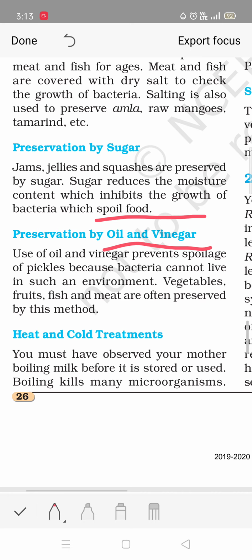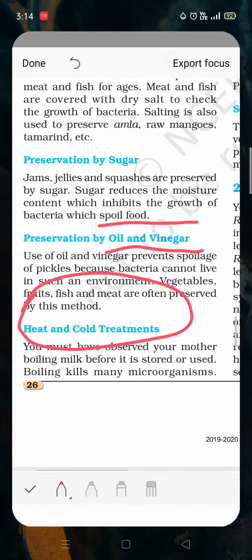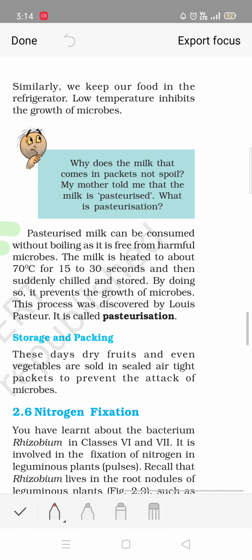Next is heat and cold treatment. All of you know our mother boils milk before it is stored or used. Why? Because boiling kills many microorganisms. So by heating and by giving cold treatment, we can prevent our food from the microorganisms.